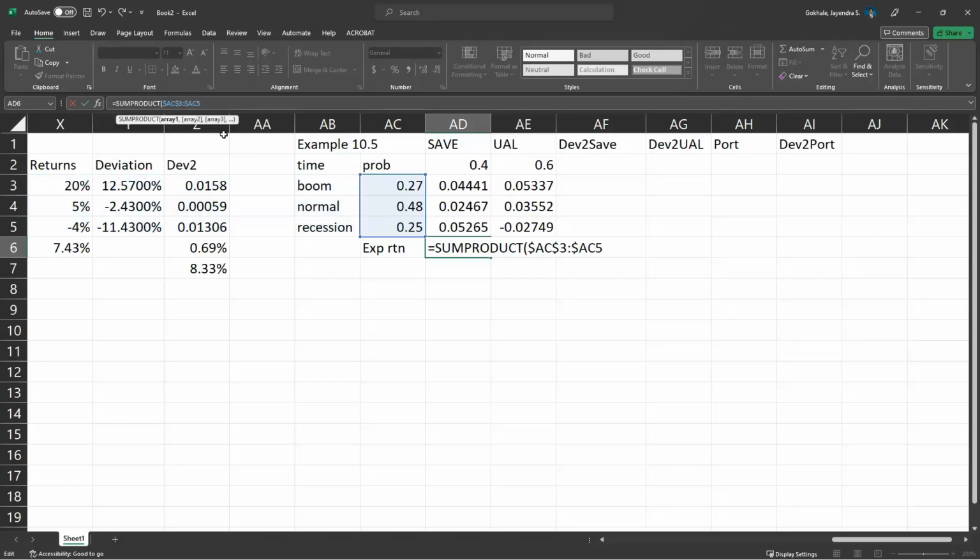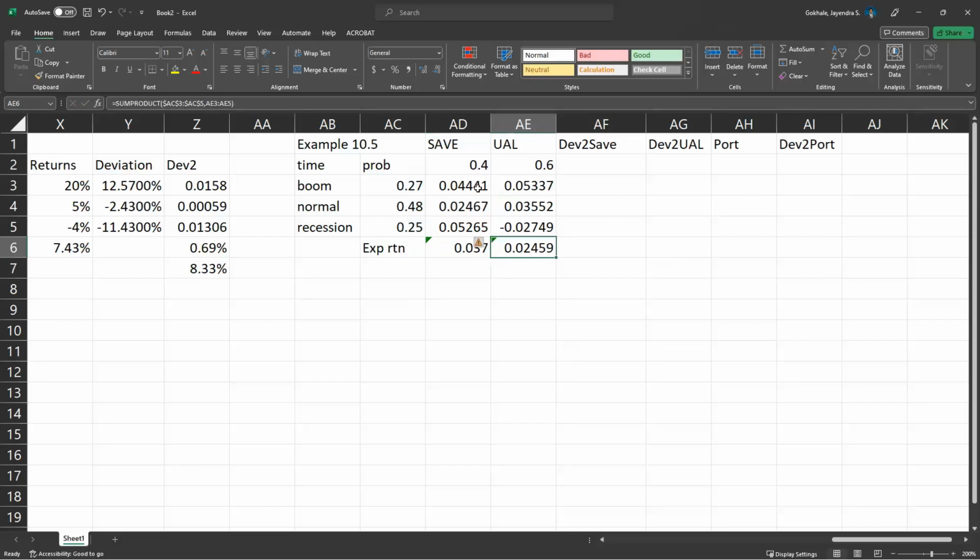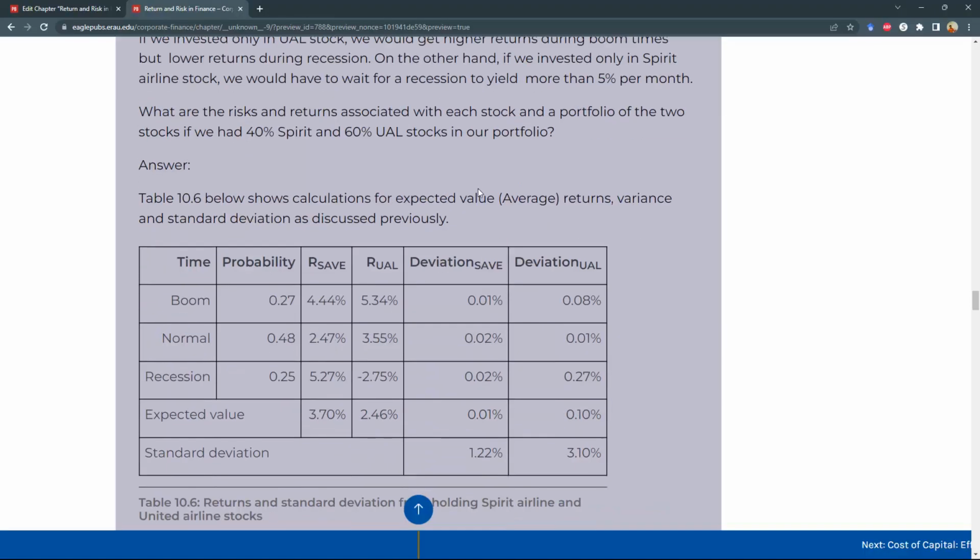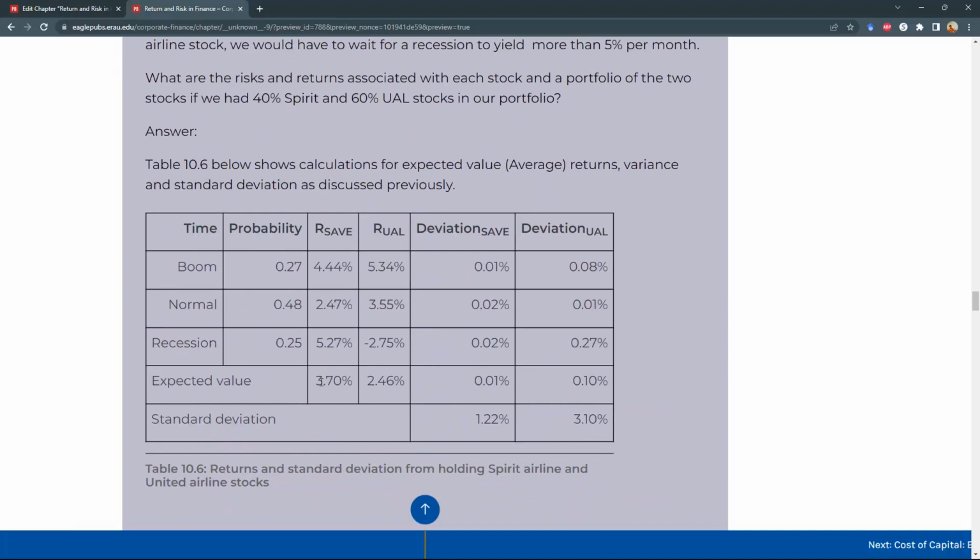So $AC$5, then comma, shift down, down, down, 83 to 85. So this is the return from Spirit Airline. Because we fixed the probabilities, we can simply Control R and find out the expected returns from United Airlines. So expected returns from Spirit across all times is 3.7%, and from United across all times is 2.46% approximately, which is what we get here.